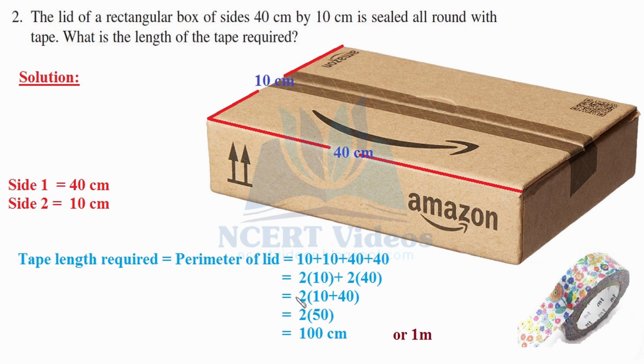Similarly, we have 40 2 times. Now we take 2 as common and add 10 plus 40 to give you 50. Then we simply multiply 50 into 2 to give you 100 centimeter, or 100 centimeter equal to 1 meter. So this is the length of the tape required in order to cover the lid of this box.